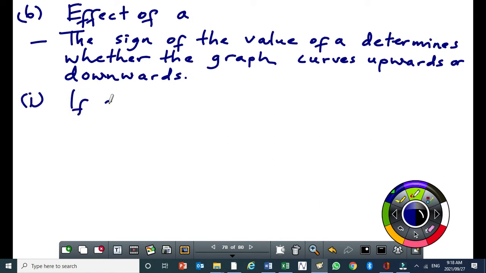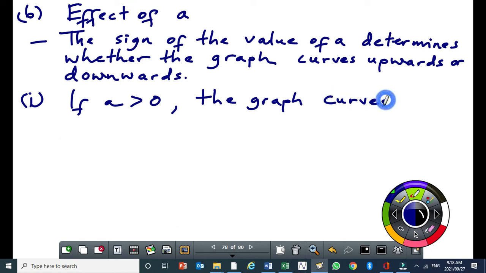If A is greater than 0, the graph curves upwards. And remember, the graph that we are talking about here is y equal to a times b to the power of x. So the graph curves upwards. I'll show you what I mean by this, because you haven't studied this graph before.